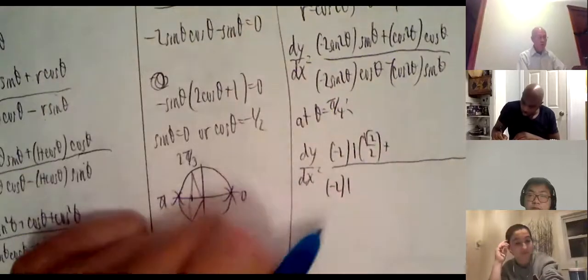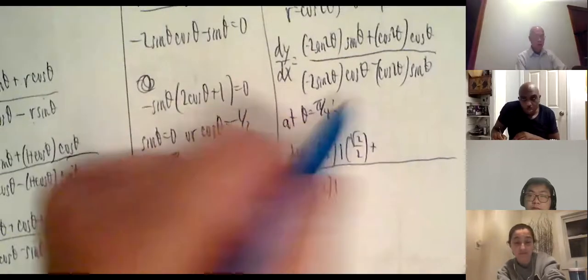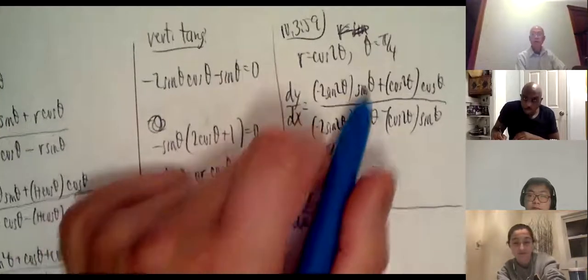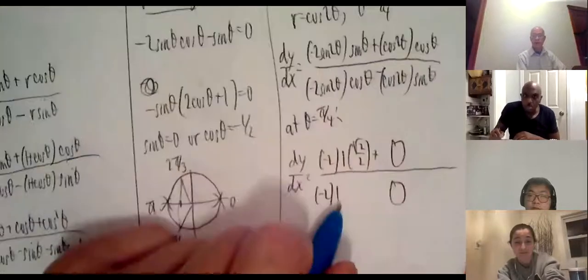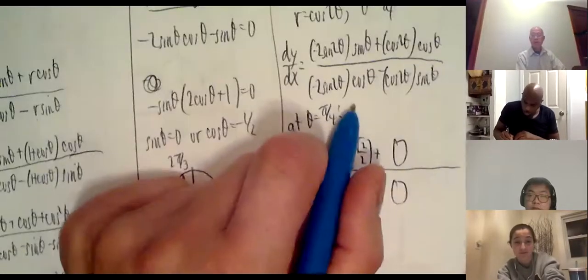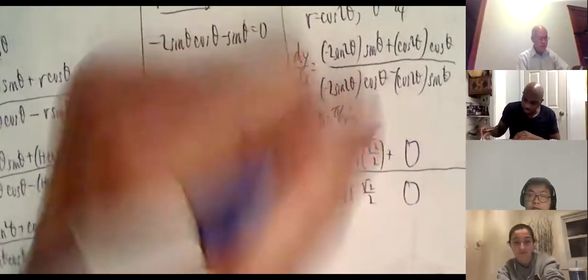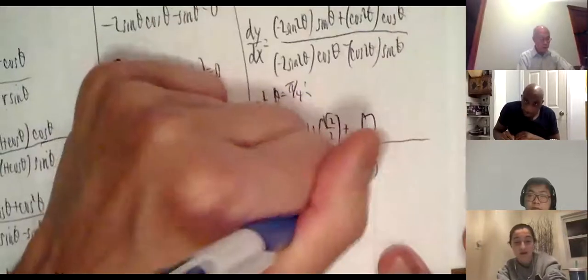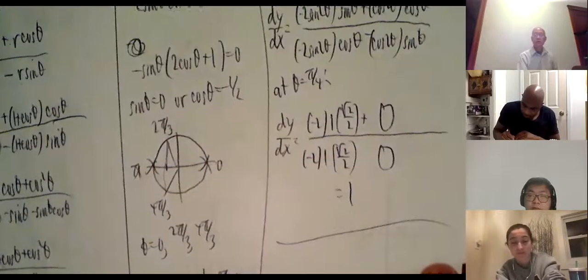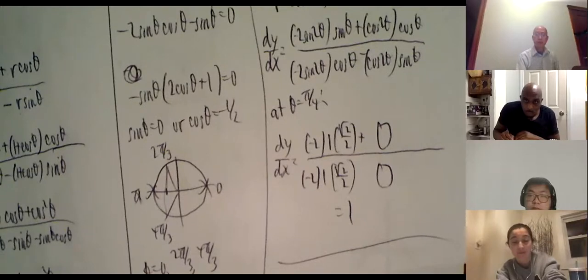Negative 2 times 1, that's not going to change, right? Cosine 2 theta, cosine of pi over 2, 0. So I don't care what this is, that's 0, that's nice. Cosine of pi over 4, root 2 over 2. So the top equals the bottom, so the answer is just 1. It didn't come out so bad after all, unless I made a mistake. But it looks to me like the answer is 1.